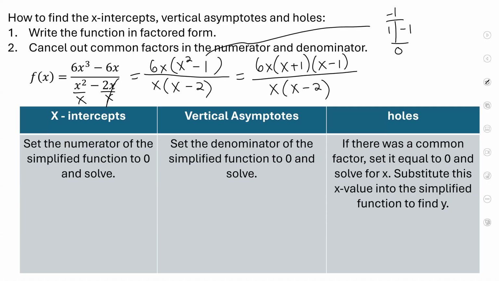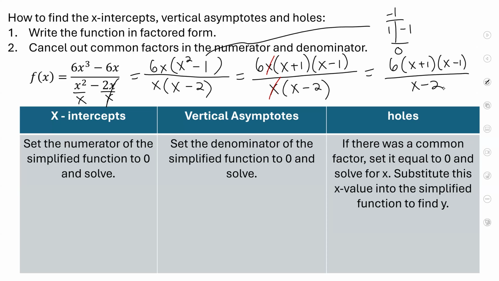Do you guys see any common factors? Good. There's an x in the numerator and an x in the denominator. Cancel those out. So your simplified function is 6 times x plus 1, x minus 1, over x minus 2. This is what we're going to use to make our decisions.